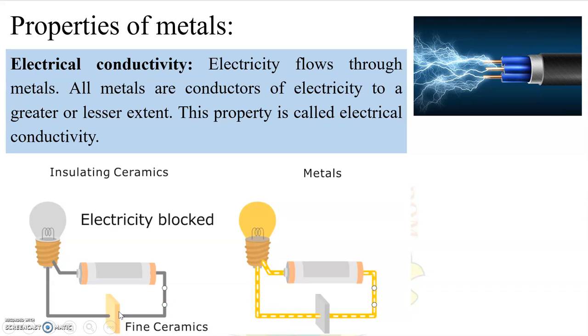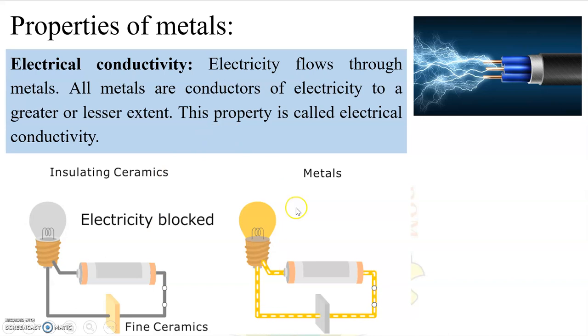It does not allow electricity to pass through it. So over here the circuit will not get completed and the electric current won't be flowing. So the bulb will not glow.